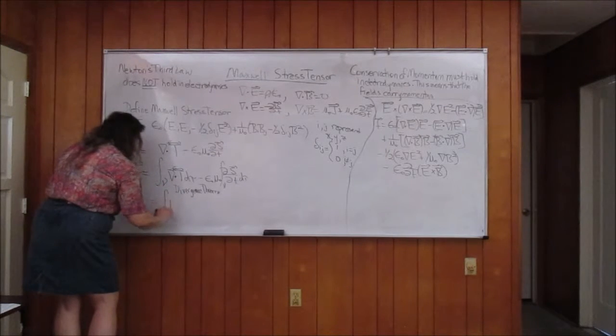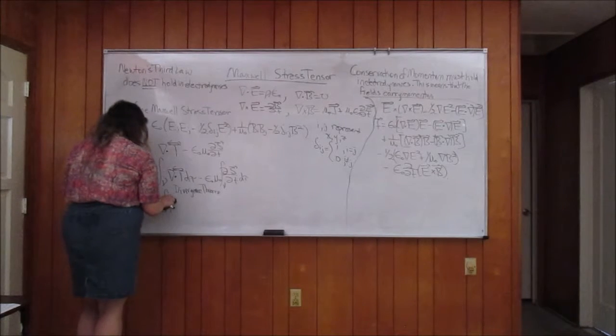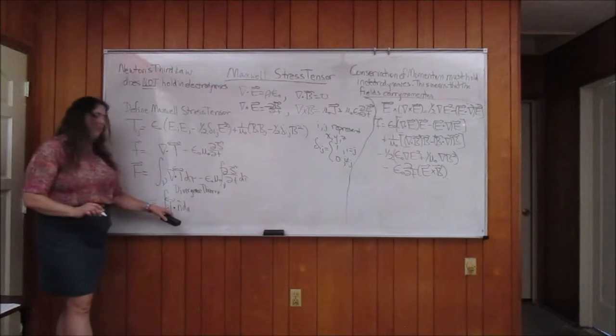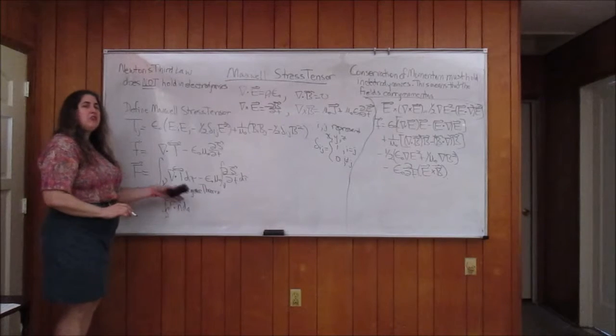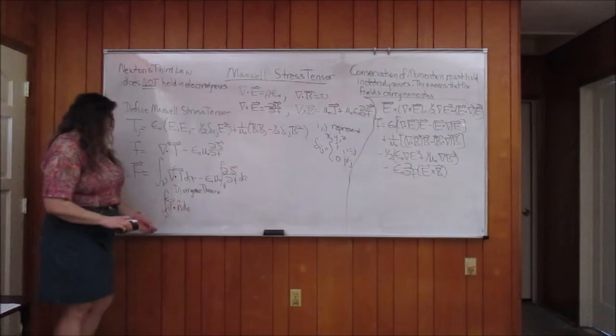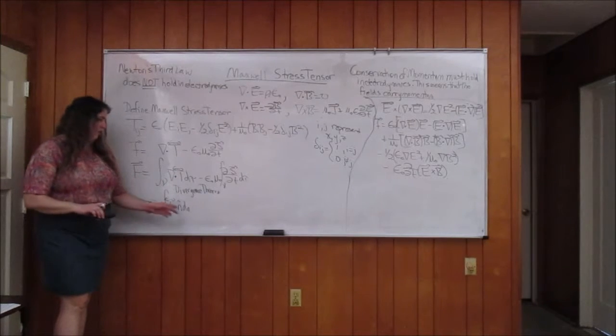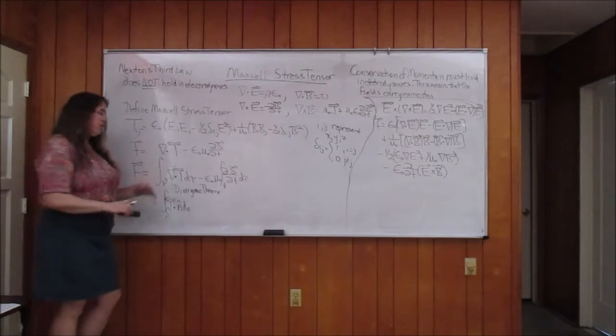So this is equal to the Maxwell stress tensor dotted into the normal, and we're integrating over the surface that bounds this volume, okay? Now remember, the normal in this case is the normal to the surface.